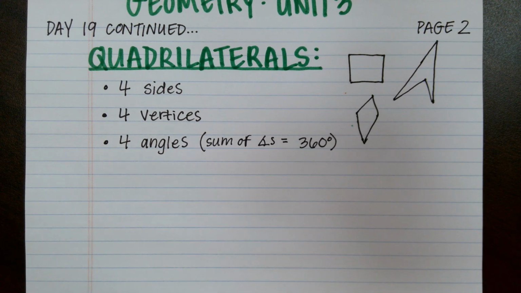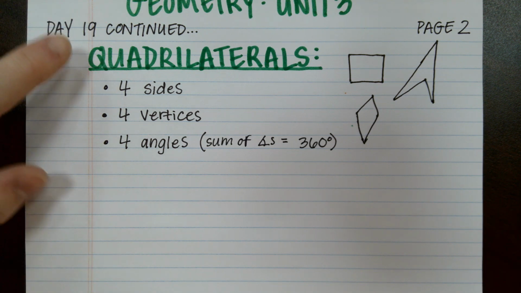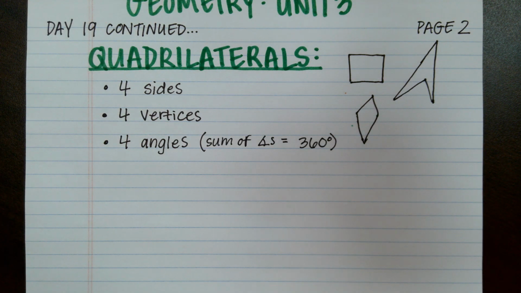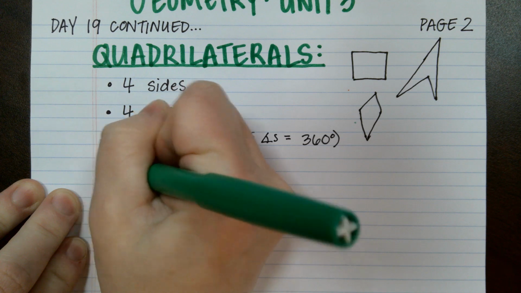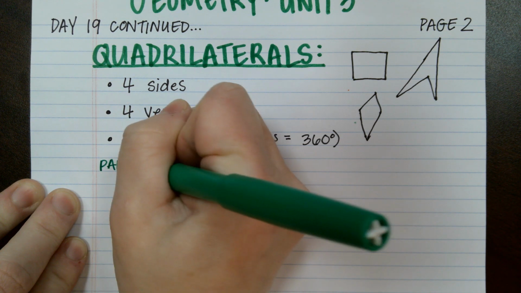So the quadrilateral is kind of the general category of a type of shape. And within the category of quadrilateral, we've got some subcategories. We've got some more specific types of quadrilaterals. And the first one we're going to talk about today is parallelograms.